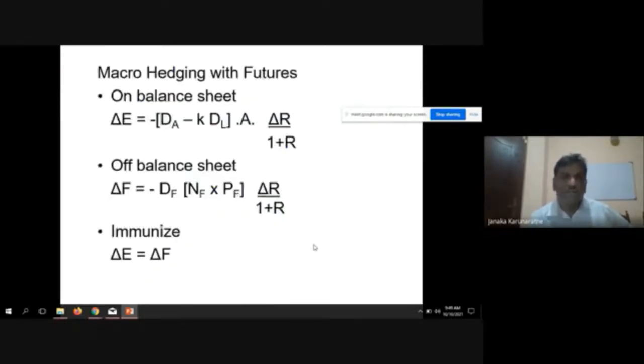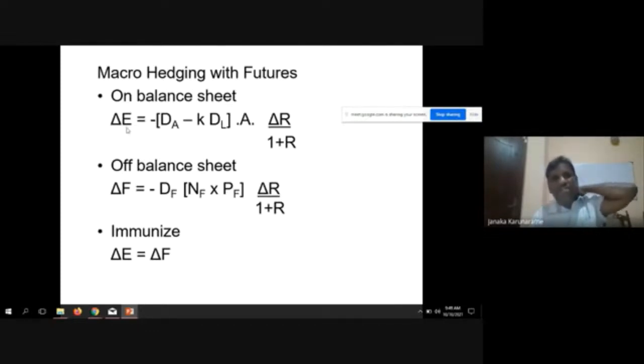So let's move on to the macro hedging part. Macro hedging with futures on balance sheet. Remember, this is the formula we use without convexity adjustment under duration hedging. Change in equity equals minus DA minus K times DL, that is the duration gap times asset times change in interest rate divided by 1 plus R. If you want to hedge using futures for the entire balance sheet, you have to match it with the futures contract change.